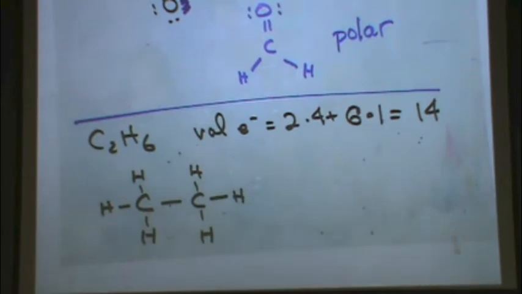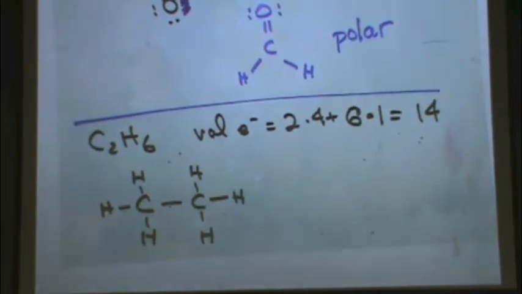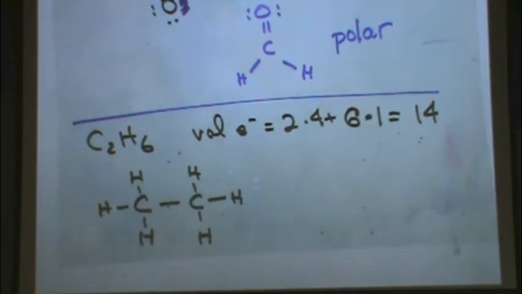I've already used all my electrons just drawing the skeleton. Everything has the octet or what it should have. So the structure is actually done. The formal charge for everything is 0, so it's all good. It's a good structure. Anybody remember the name of this? It's ethane. 2 carbons, so an eth prefix, ethane.